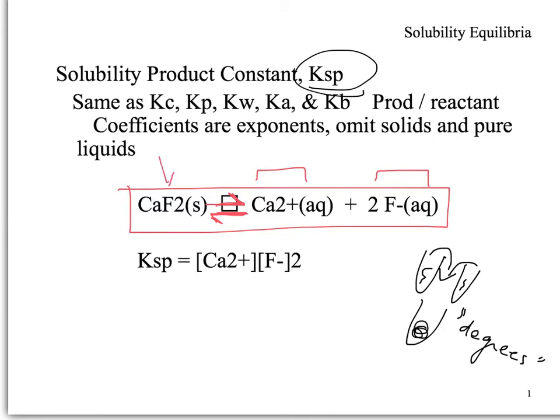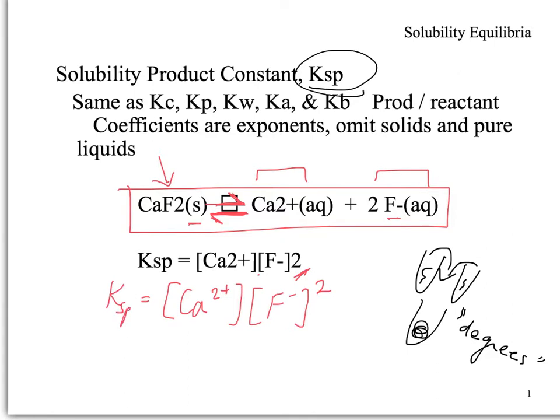The reactant, being a solid, is not going to participate in the equilibrium, but you can write down your KSP as the concentration of Ca2+ times the concentration of fluoride, squared. It's going to look like Ca2+ times F- squared, and that will give you KSP.